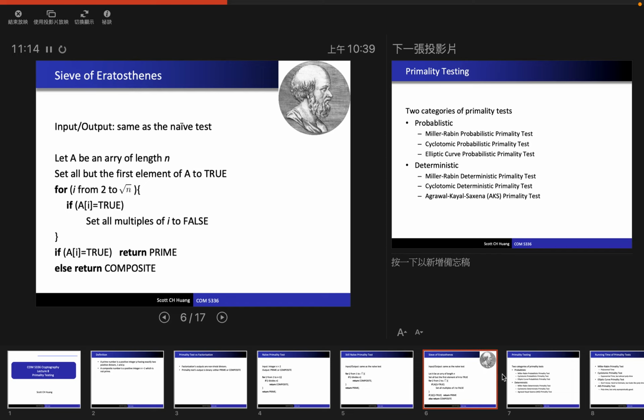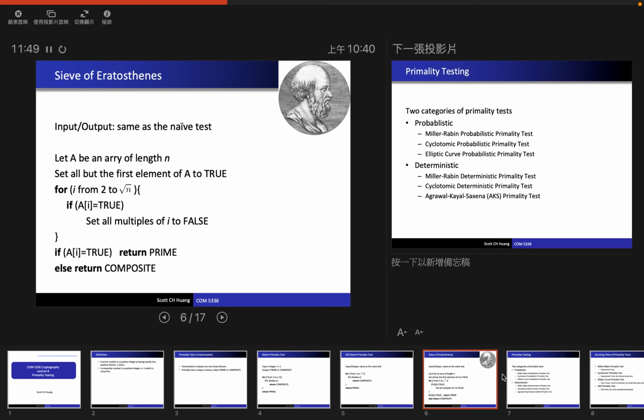For example, initially you have 2, 3, 4, something like this. We set the first element of A, so 2 is true. And then we set its multiples to false. So 4, 6, 8 are all false.